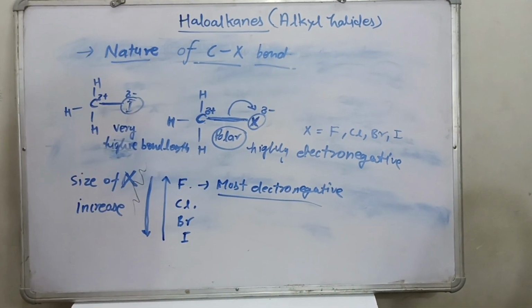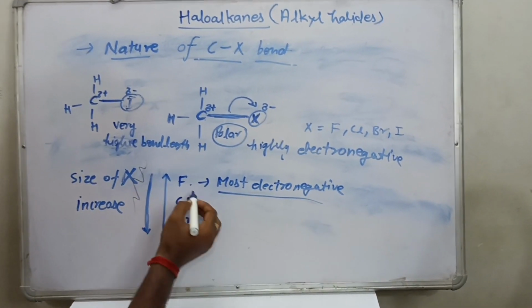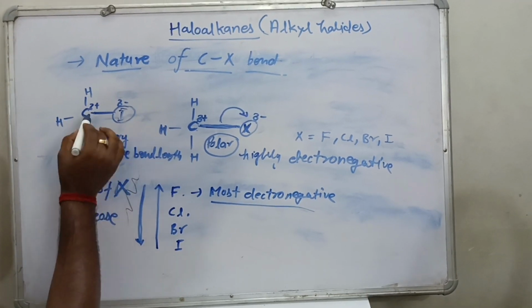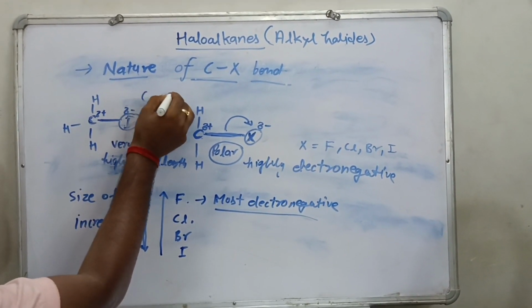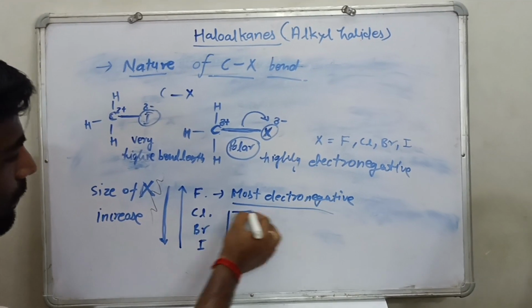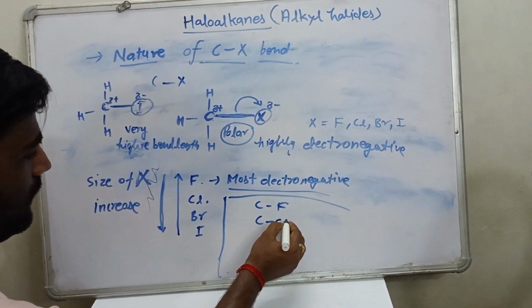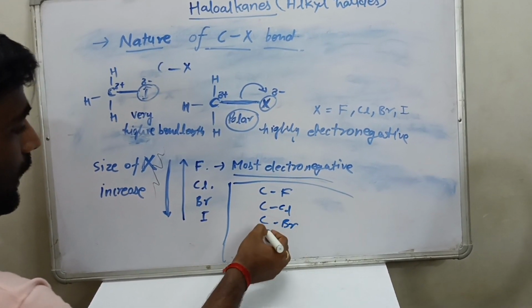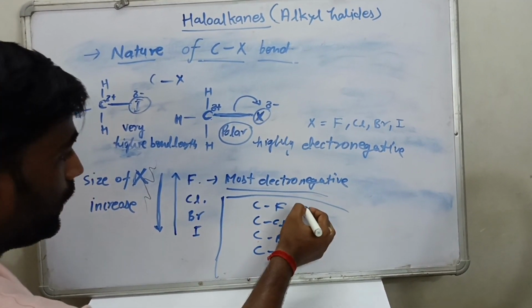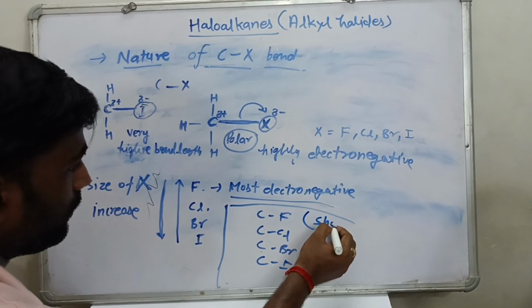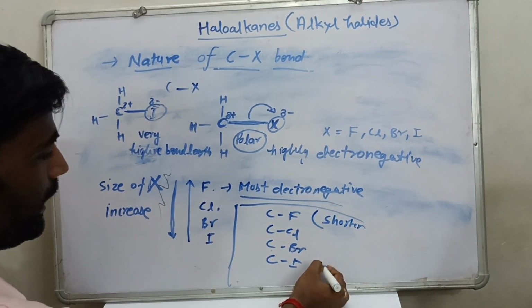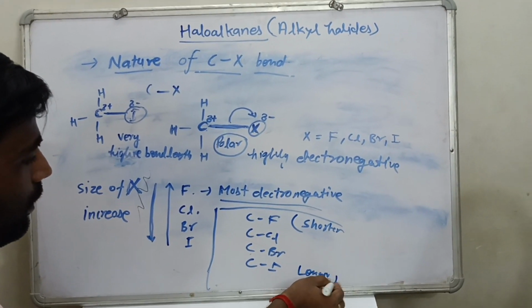So the first property is the bond length of the C-X bond. Here I am writing C-F, C-Cl, C-Br and C-I. C-F has a very short bond length and C-I will have a longer bond length.